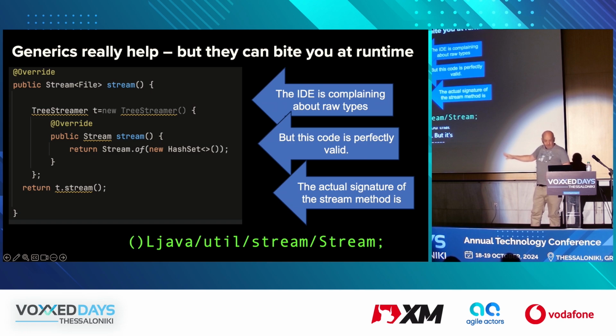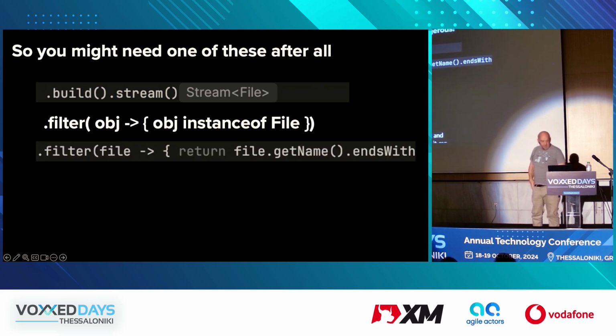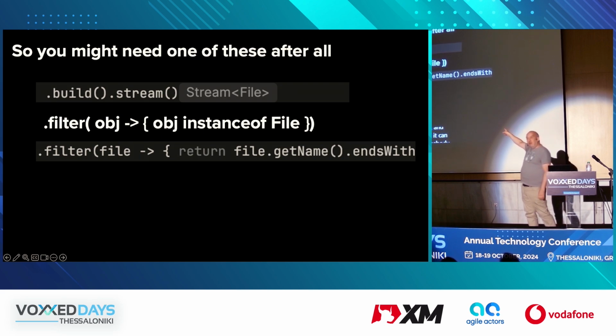So the idea that this enforces anything, don't believe that. When you do this and you think that you're using genericized things to filter out and get the objects that you need, it can actually bite you because somebody else may just have ignored it. So often you might have to put that filter method in just to filter out the things that aren't the type that you think, even though in theory you're never going to get them.